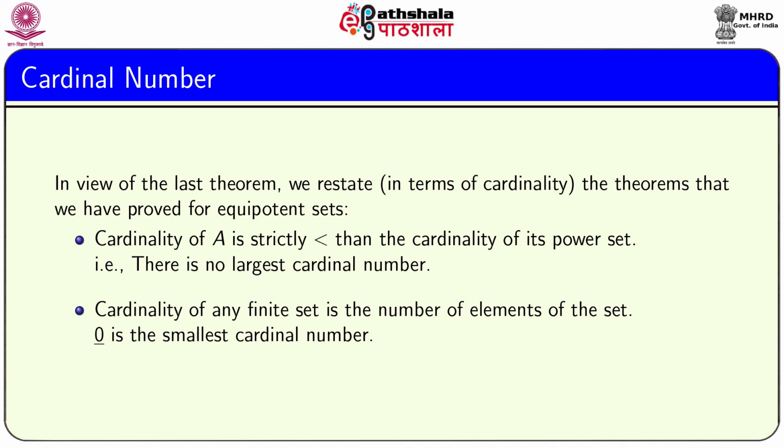That means, there is no largest cardinal number. And another one is that the cardinality of any finite set is the number of elements of the set, and therefore, 0 is the smallest cardinal number.